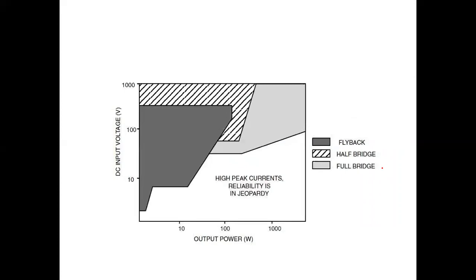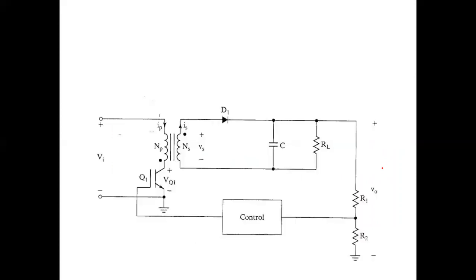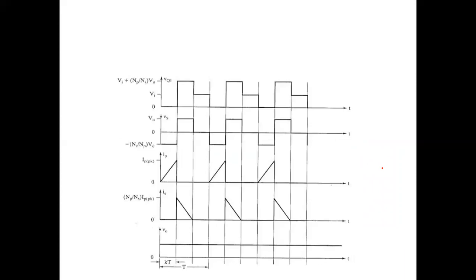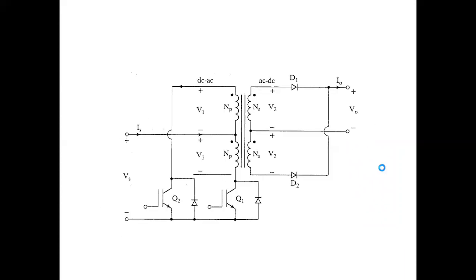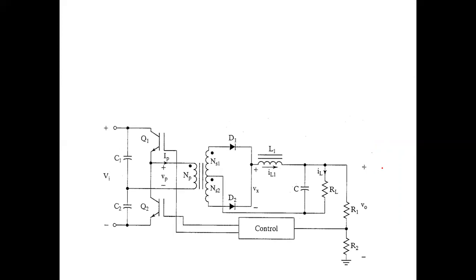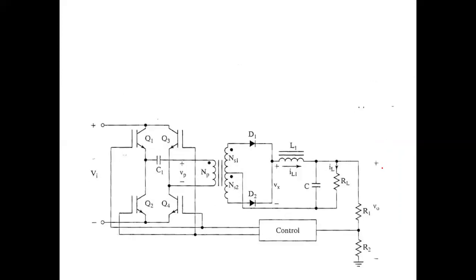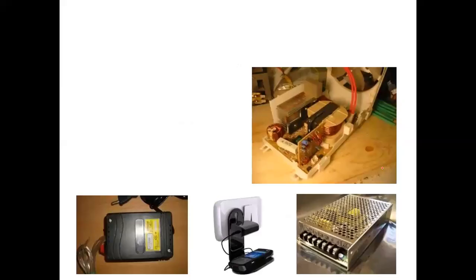These are output transformer models. So this is the circuit for the SMPS. So in the different levels. So these are the different models of SMPS used in the real-time world.